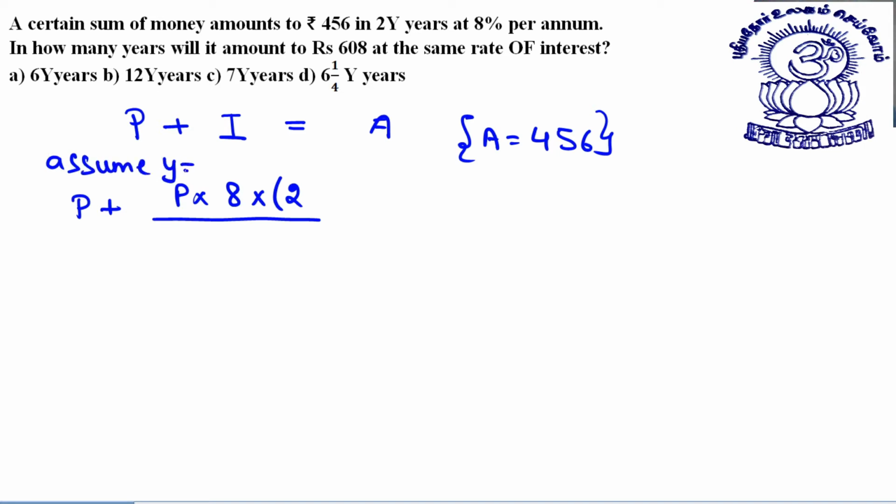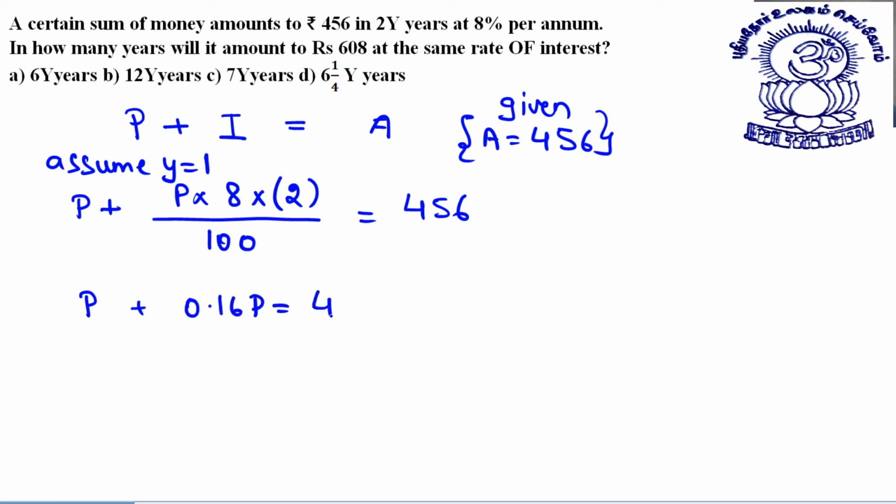So 2y means 2, divided by 100, gives 456. So I can say P plus 8 into 2 by 100, that is 0.16 P, is equal to 456, or I can say this is 1.16 P.